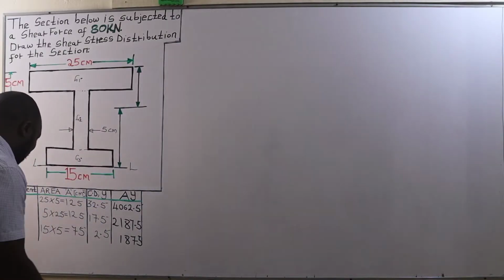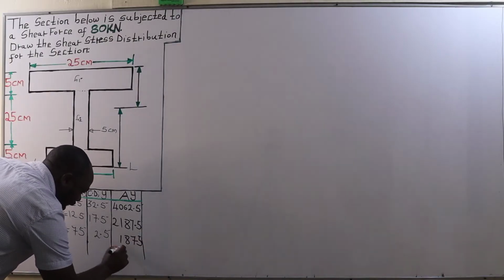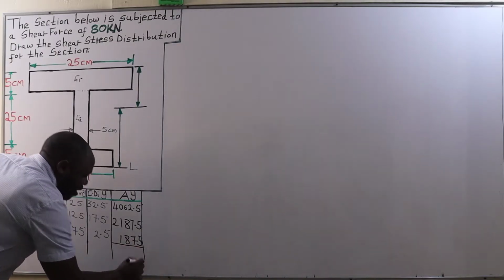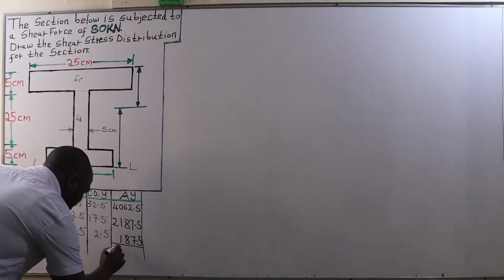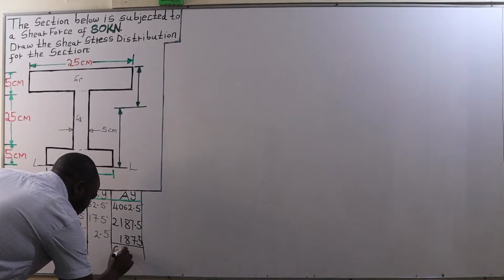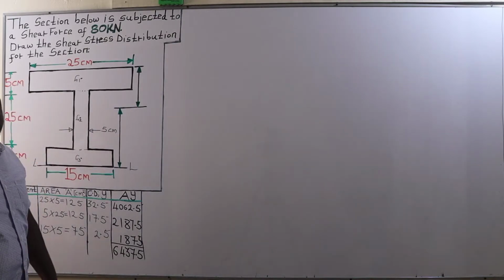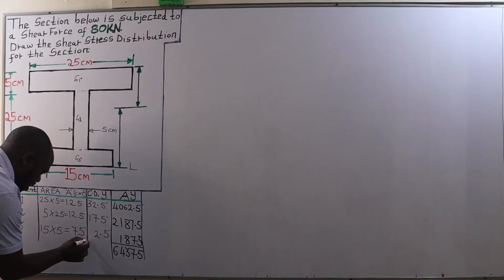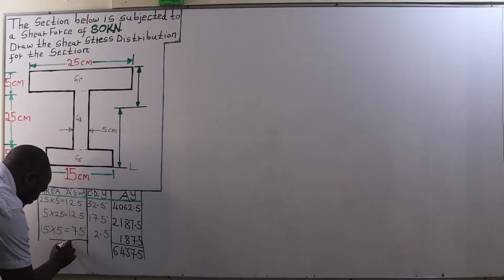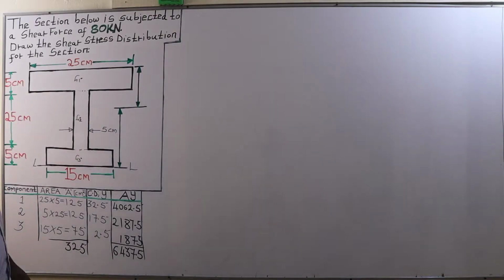That's all we have. Now, we are going to add the Ay values. Therefore, the summation of Ay is 6437.5 centimeters cubed, and the summation of area is 325.